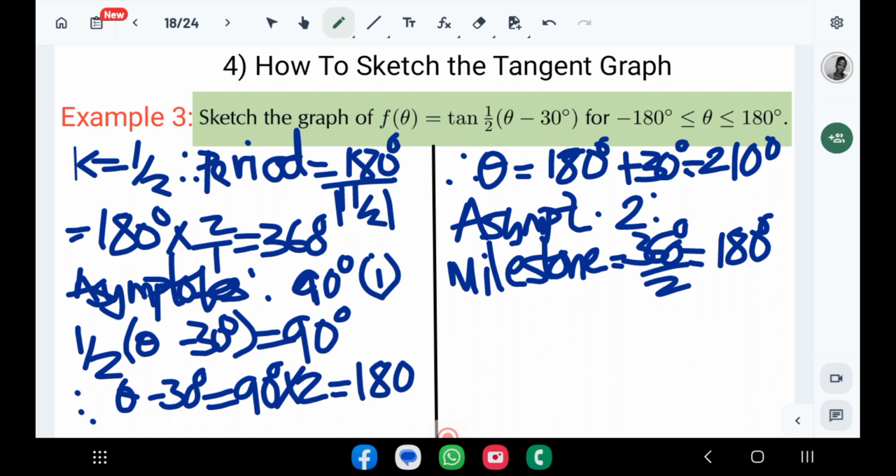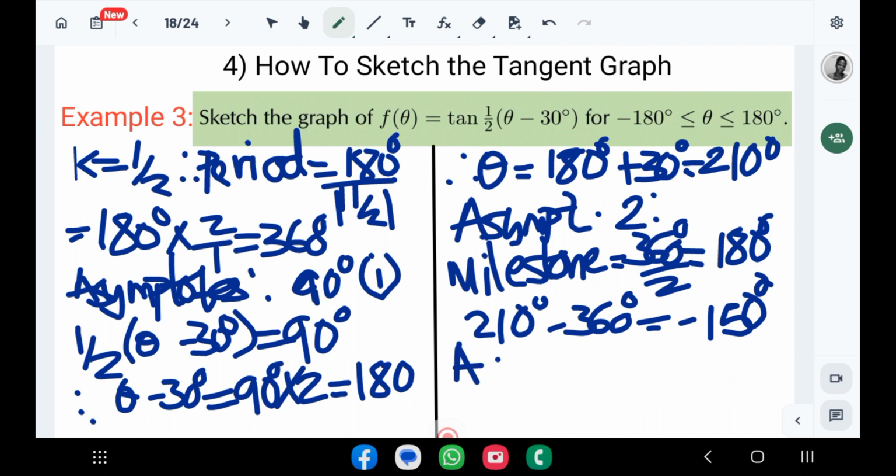No, it should be 360. Yes, it should be 360. So 210 minus 360 degrees. Let's see, 210 minus 360. That lands out as negative 150 degrees. So that's asymptote number 2.